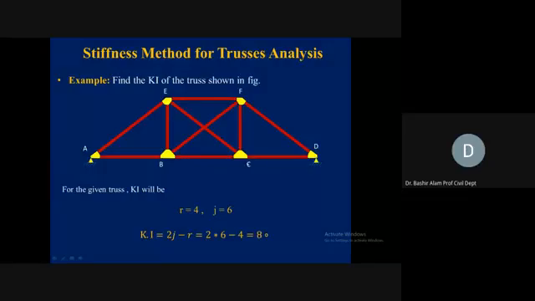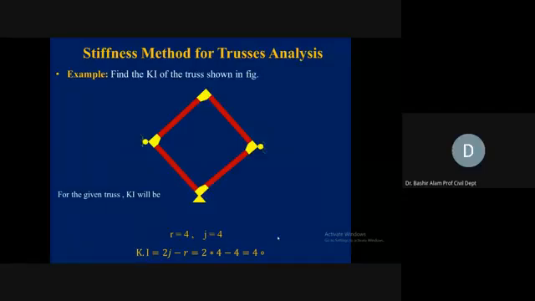At C, similarly horizontal and vertical. At E and at F also horizontal and vertical. So those free joints are giving you 2 degrees of indeterminacy each. 4 joints are free, so 4 times 2 is equal to 8. So 8 degrees. This is the kinematic degree of indeterminacy of this problem.